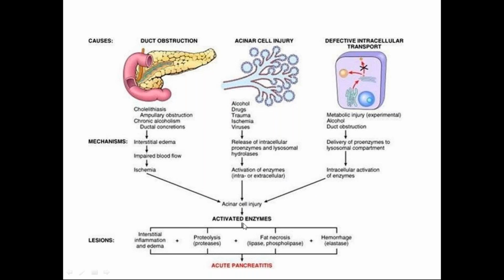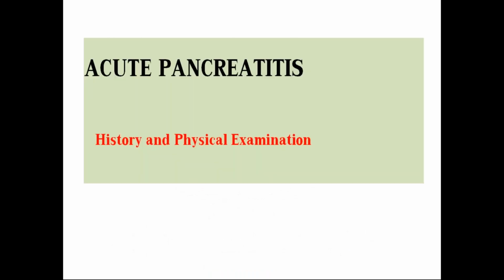Secondary to inflammation, because of these activated enzymes, there is interstitial inflammation and edema. Proteases cause proteolysis, and lipase and phospholipase cause fat necrosis. Elastase dissolves the wall of the vessel supplying the pancreas and leads to hemorrhage.